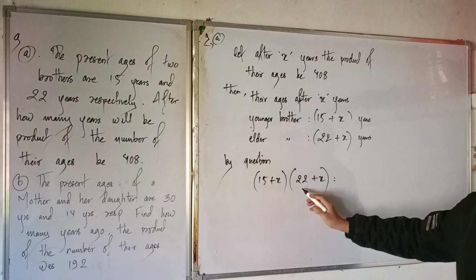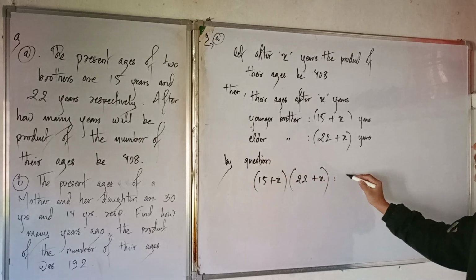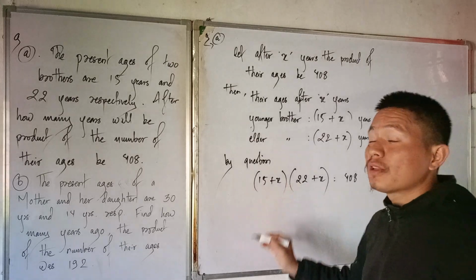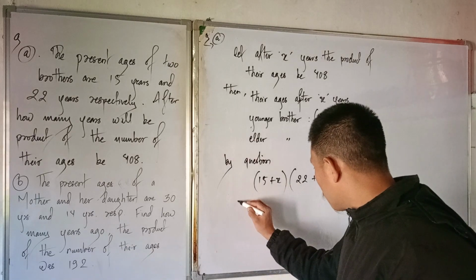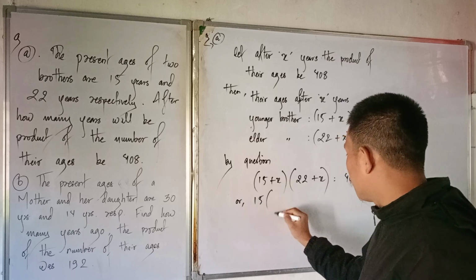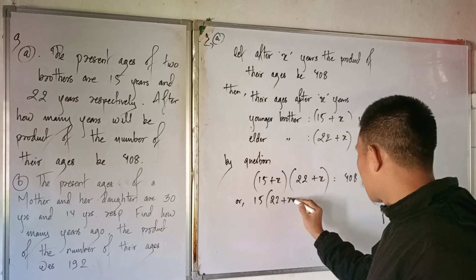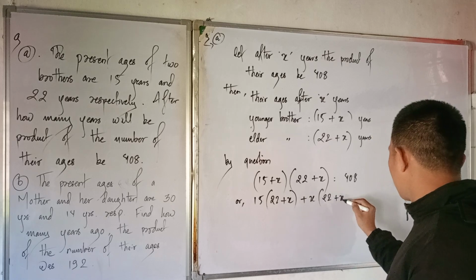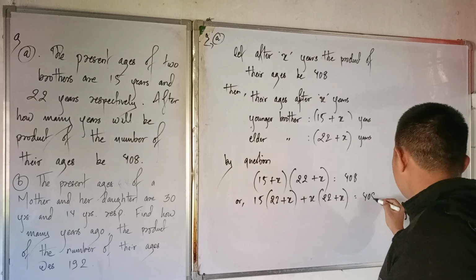This product must be equal to 408, as mentioned in the question. So we have to find the value of x. Now we simplify this: 15 plus x times 22 plus x is equal to 408.